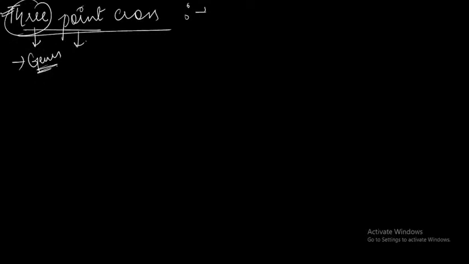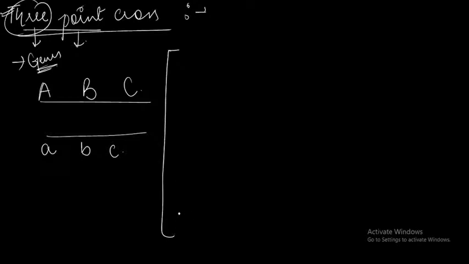So I'll give you a quick question because we have discussed all the things yesterday. Write down all the possible outcomes, resultants in the chat section. So just wait a second. Let's say it is capital A, capital B and capital C, and over here we have small a, small b and small c. So write down what would be the resultant if a cross occurs over this particular point, that is between this point.